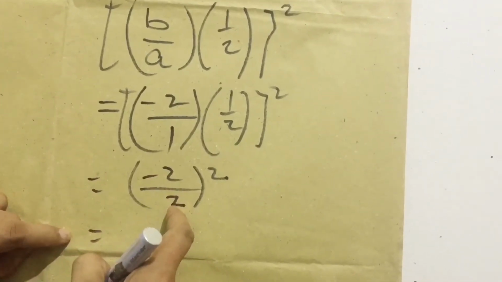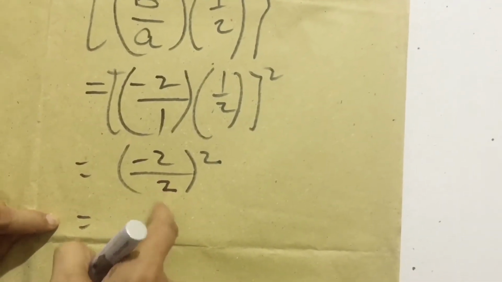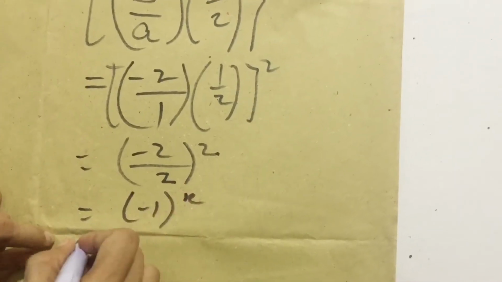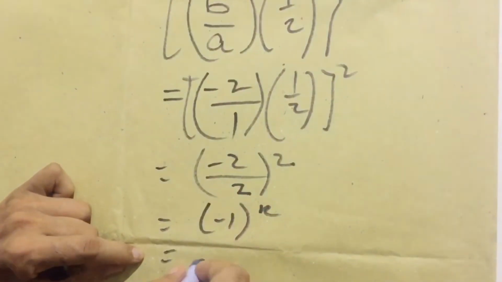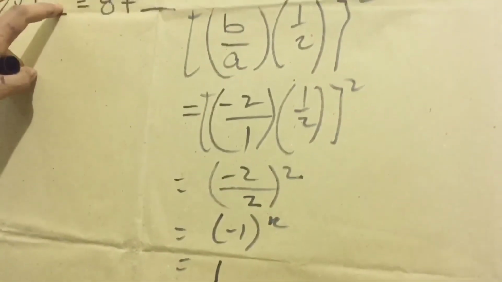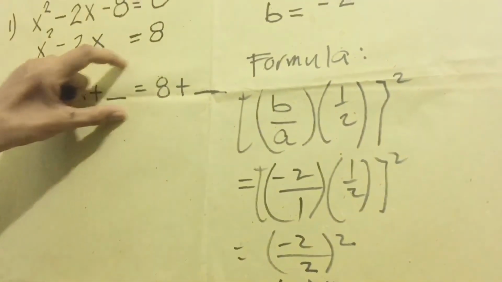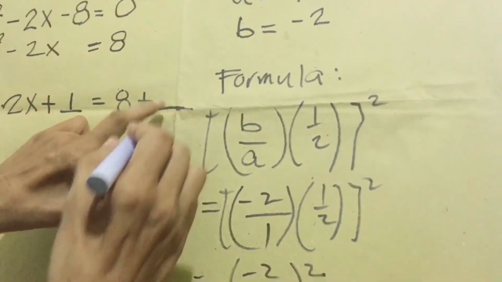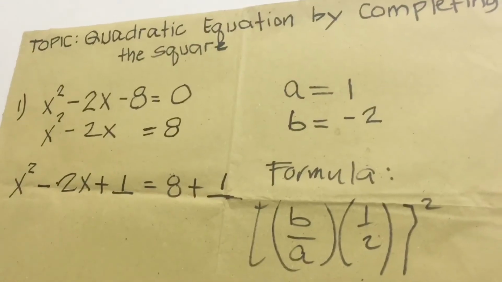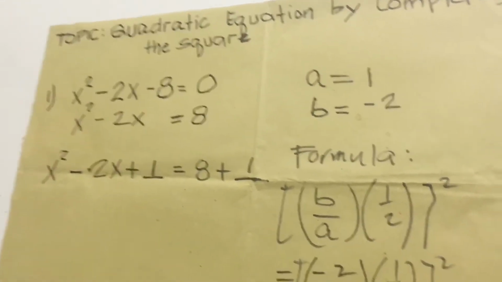Negative 2 divided by 2 is negative 1, then squared equals negative 1 times negative 1 equals 1. So therefore, our third term of this left side is 1, and 1 also here. Okay, now we complete the missing number.